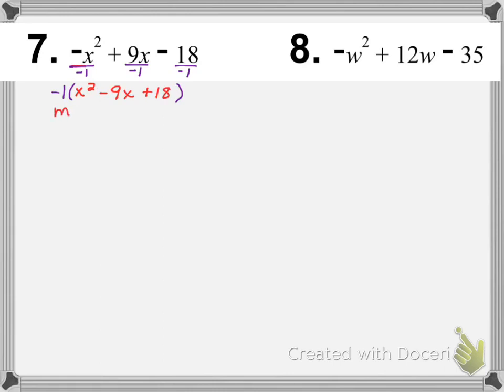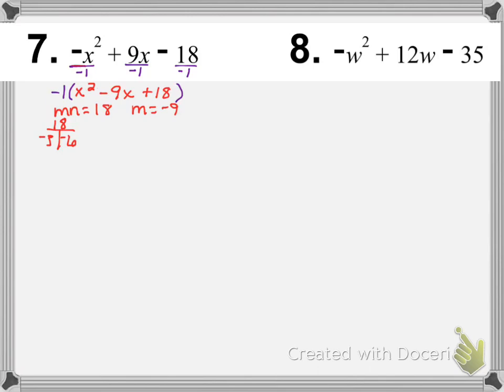So magic numbers multiplied, 1 times 18 is 18, added equals -9. So that would look like that we would add our magic numbers and they'll end up being both positive. So we have 3 and 6, and they're both negative.